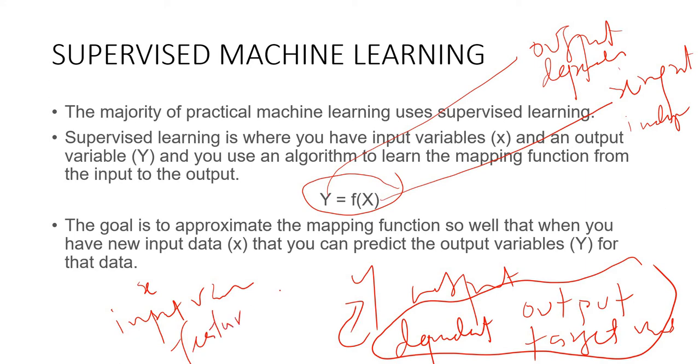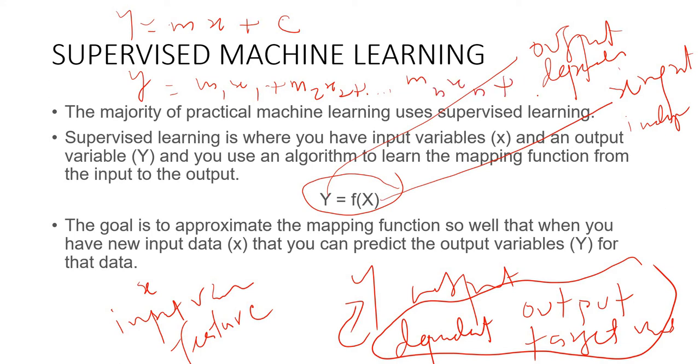See, this equation I can write as y = mx + c. This is the equation of a line, right? So this I can write as y = m1x1 + m2x2 + ... + mnxn + c.